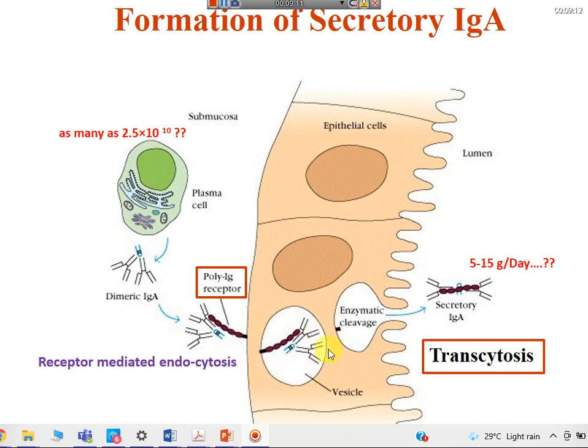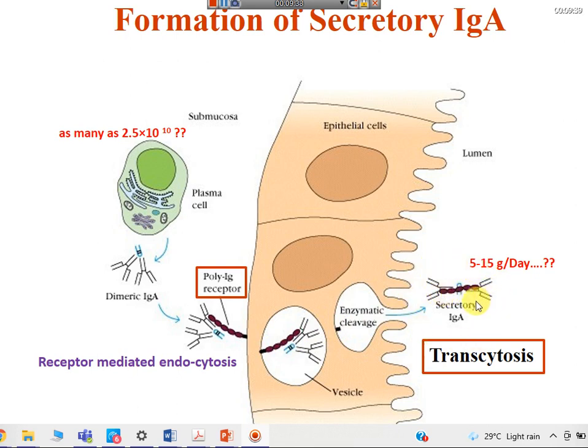This vesicle travels to the luminal side of the epithelial cell and fuses with the plasma membrane, and enzymatic cleavage of the receptor occurs. This is the complete receptor, but once it is about to secrete the IgA into the lumen, proteolytic cleavage of this receptor occurs, and this poly Ig domain remains associated with the dimeric IgA.